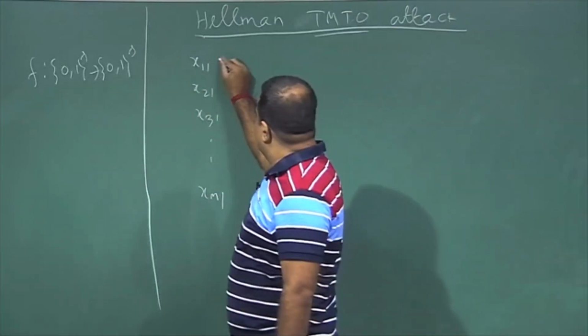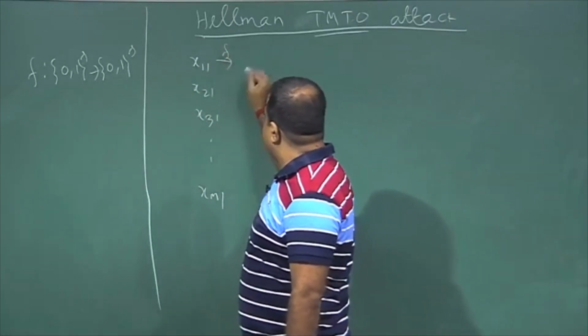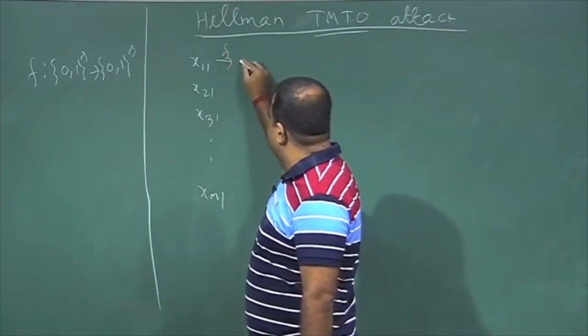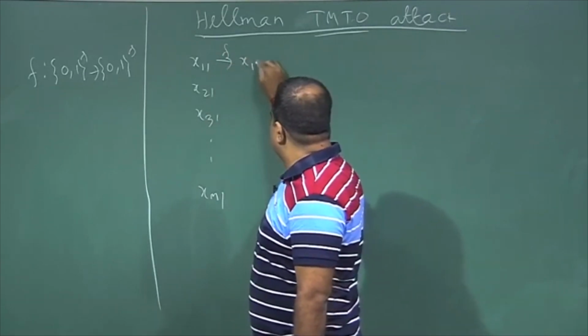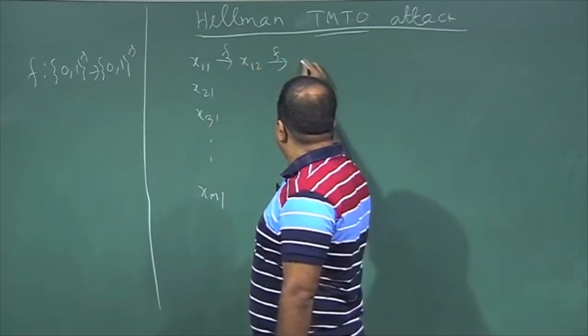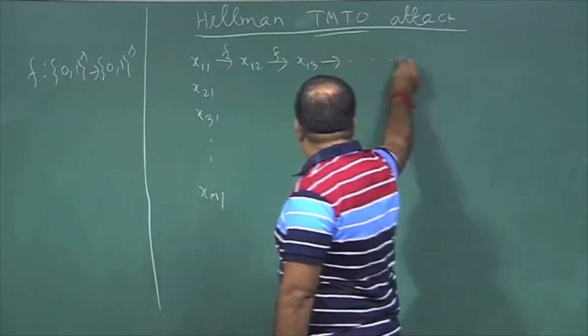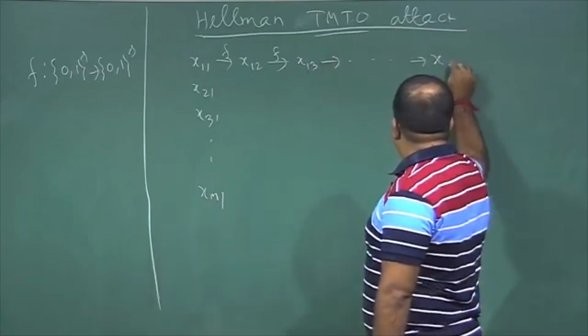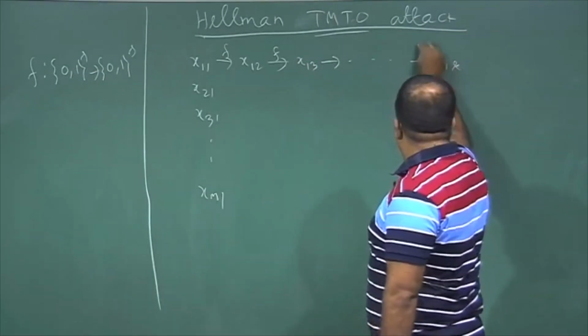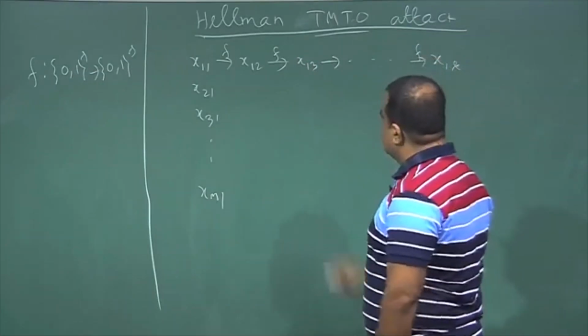Then Hellman computes a chain: apply f on it, and it gives also an s bit number. So, this is basically x12, again apply f on it, x13, like this. So, continue up to x1t. This is a chain.